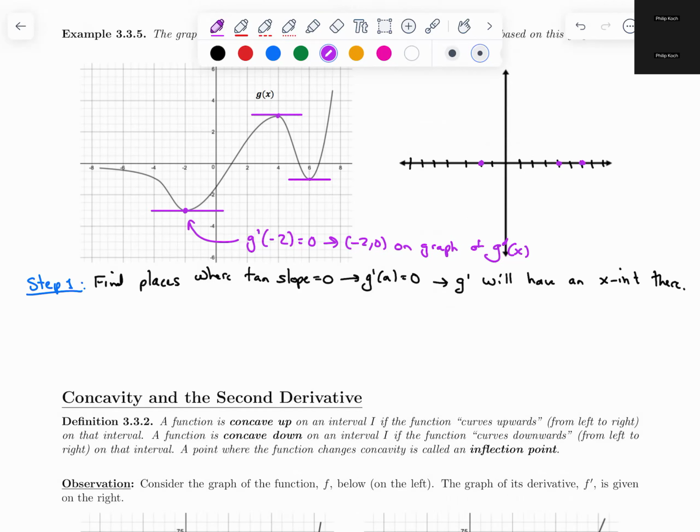Okay. That gives us a start. That gives us 3 points, but 3 points is not a graph. So how do I find the rest of it? So I'm going to color code from negative infinity all the way to -2. And then from -2 to 4.